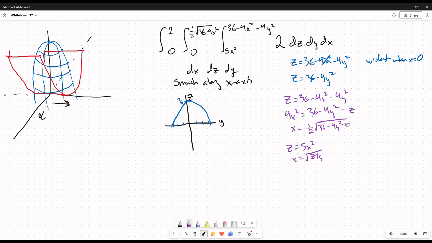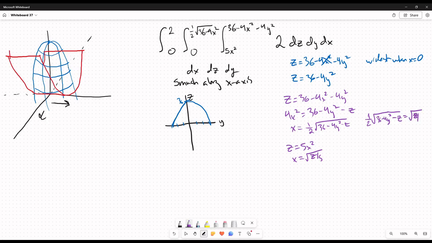And now, where do those equal? When I set these equal to each other, I'm going to get a solution in terms of y and z instead of x and y. We want it in terms of y and z so that we can draw this graph here. So we'll have 1/2 square root of 36 minus 4y squared minus z equals square root of z over 5.